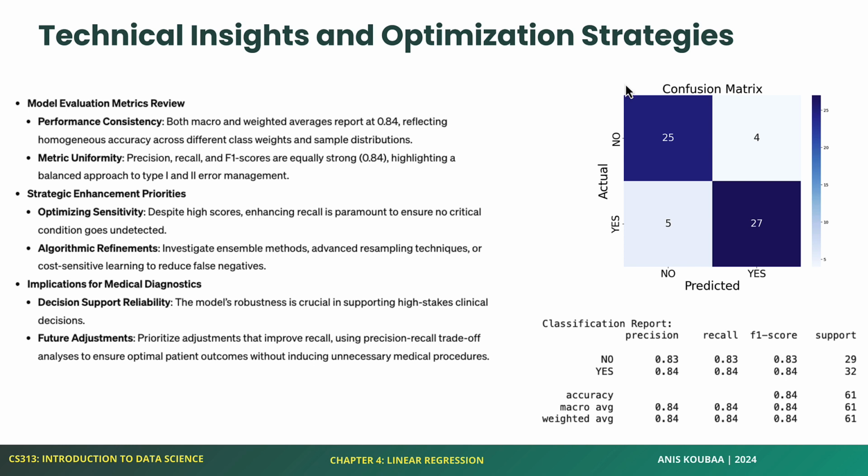For example, here, one of the technical insights, starting with the model evaluation metrics review, we can observe that both the weighted average and the macro averages for each of the values are at 84%, reflecting a homogeneous accuracy across different classes. We don't have an imbalance or a bias toward one class compared to the other. We have metric uniformity.